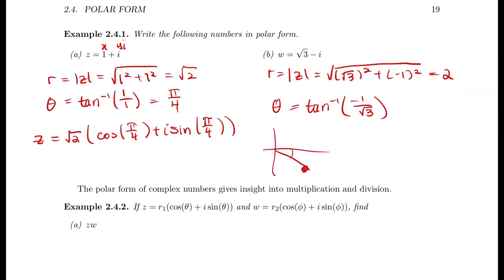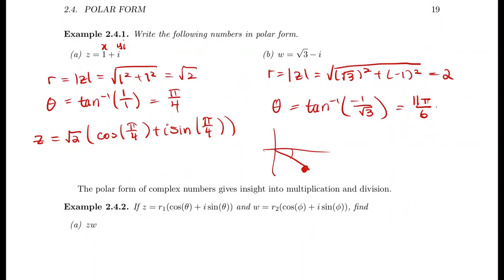This point here, maybe. So if we evaluate tan inverse of -1 over root 3, we should be able to get 11 pi divided by 6 here. And that is going to be the argument.